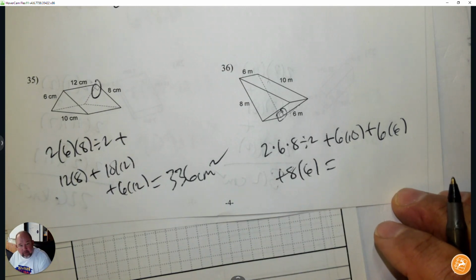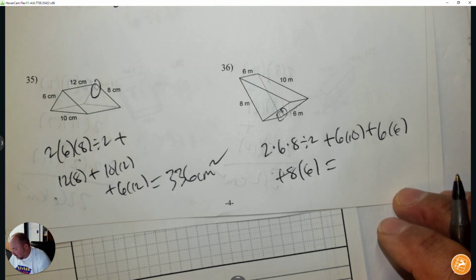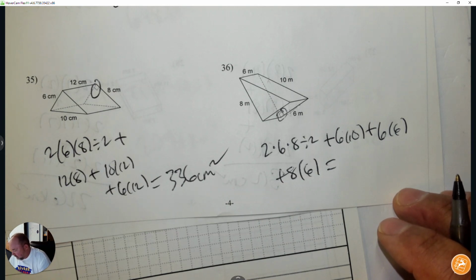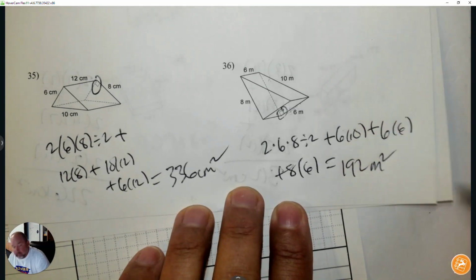So we're going to go 2 times 6 times 8 divided by 2 plus 6 times 10 plus 6 times 6 plus 8 times 6, and that's 192. All right, turn the page.